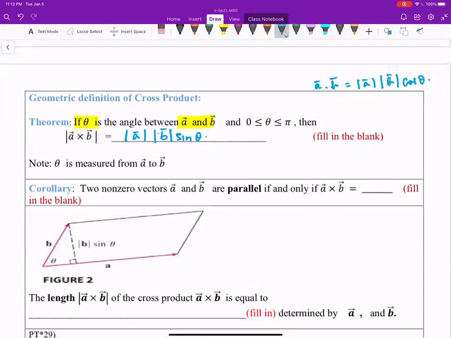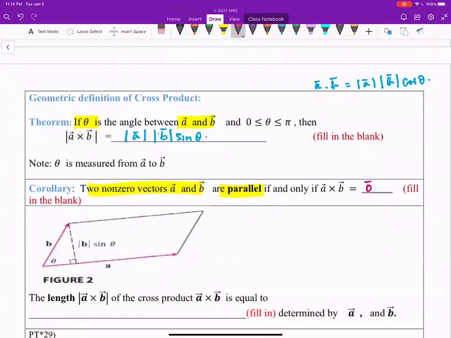As a corollary, we can say two non-zero vectors A and B are parallel if and only if A cross B is equal to the zero vector. The dot product said something about orthogonality, meaning the perpendicular condition. A cross B gives us a condition for parallel.